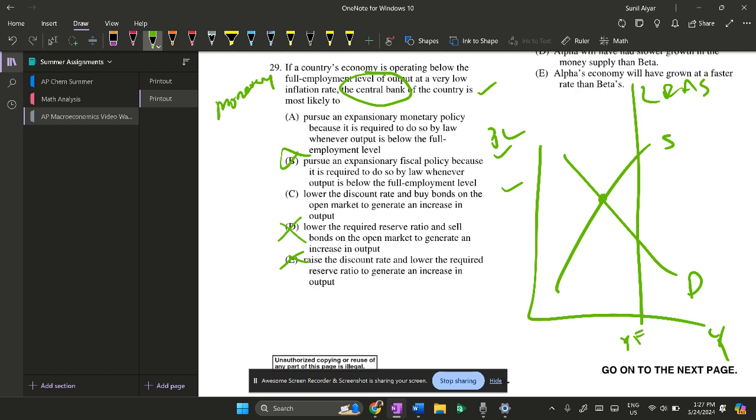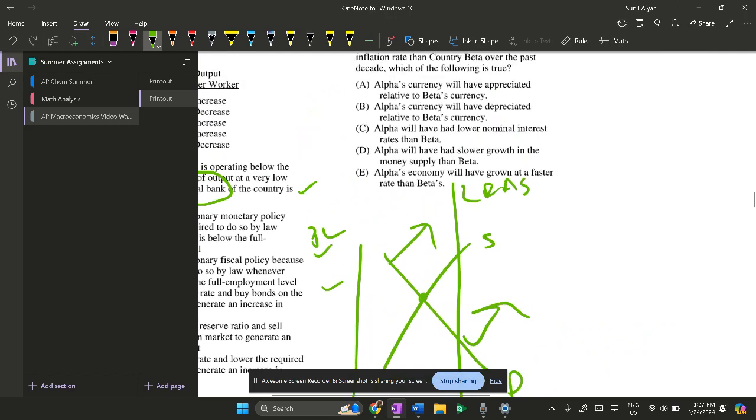So it's A or C. Pursue expansionary monetary policy because it is required to do so by law whenever output, like what? That doesn't even make sense. Required to do so, like no. So we know it's C, but why is it C? Lower DWR, which increases AD, which is what we want to get us out. And buy bonds also increases AD. So there you go.